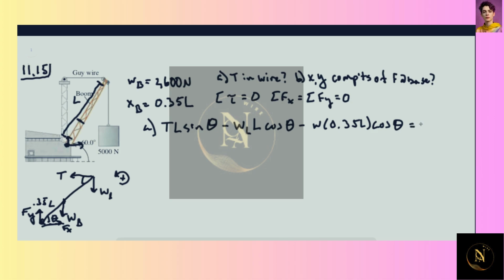And this has to add up to 0. If you solve this, we don't know what L is, but you can see that it cancels out of everything, so it doesn't matter. And so then we find that the tension is 3.41 times 10 to the third newtons.